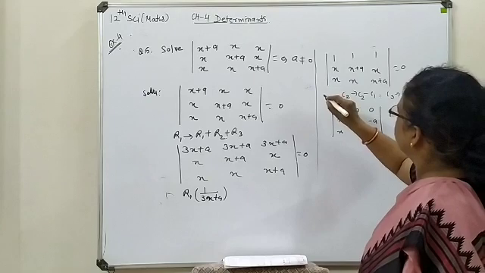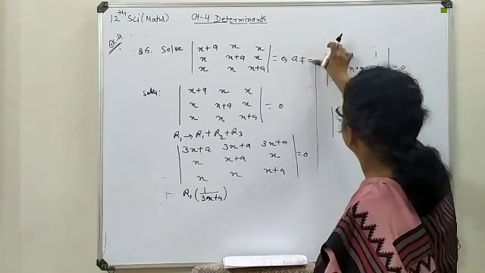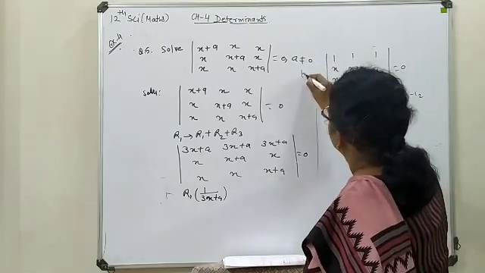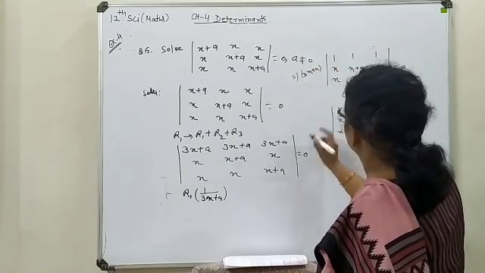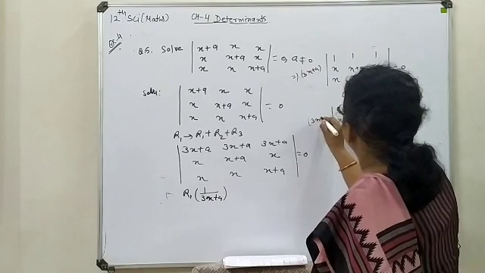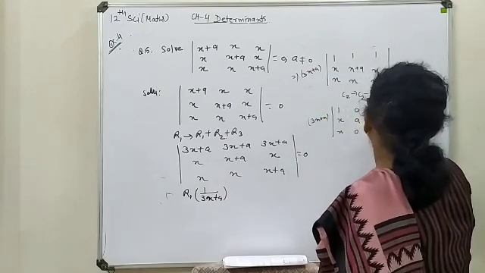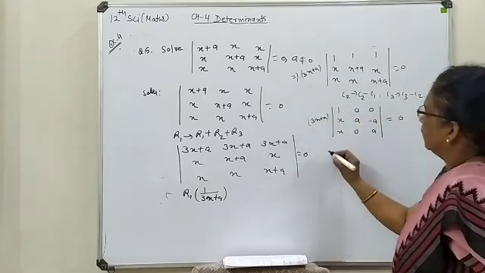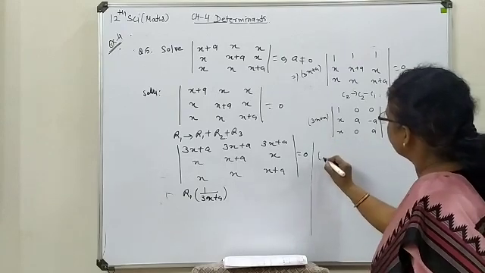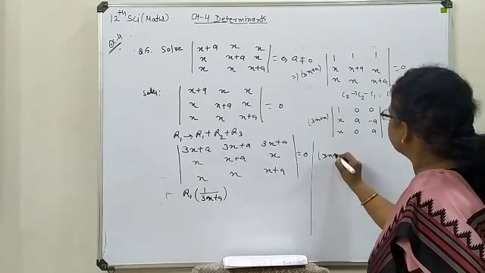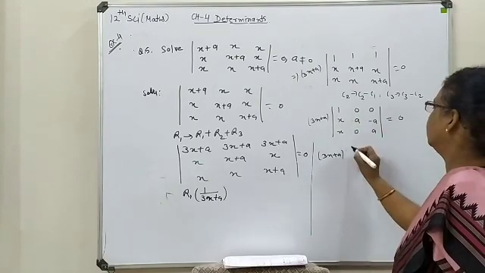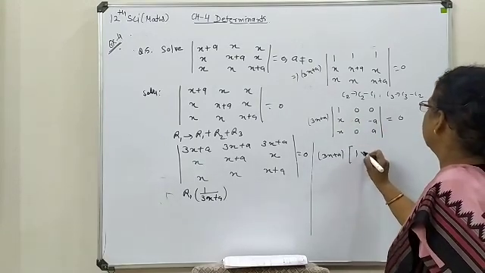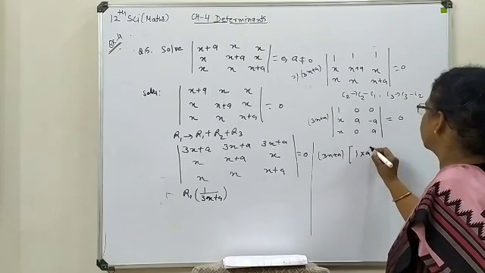Now this bracket 3x plus a you have to write once, being taken common, afterwards we will make it 0. Now 3x plus a, make this determinant expand with respect to the 1, so it will be 1 into a square.